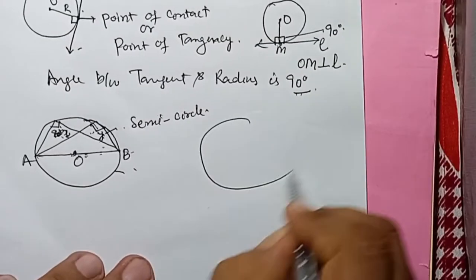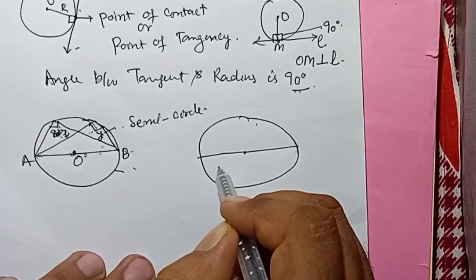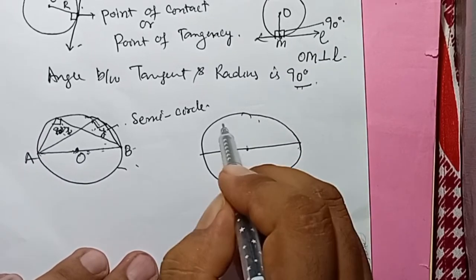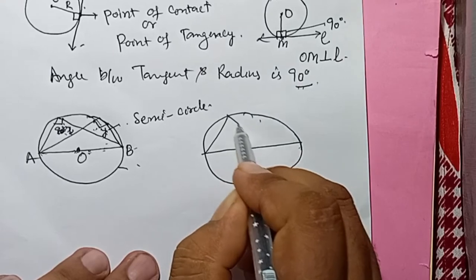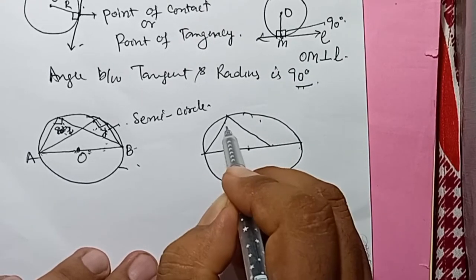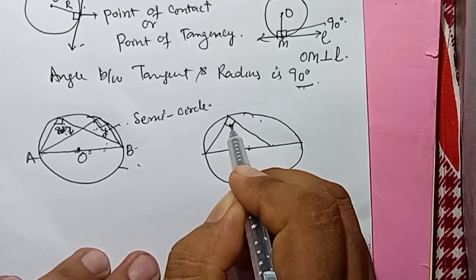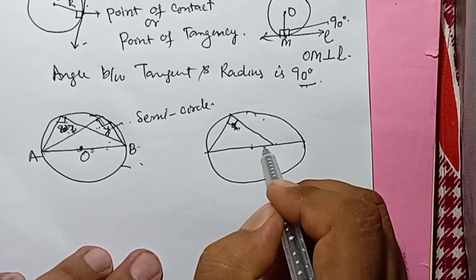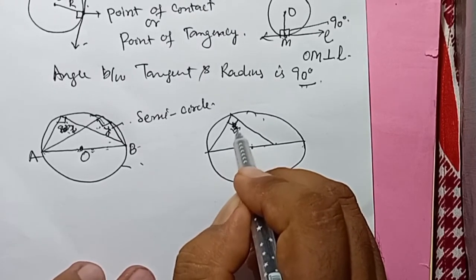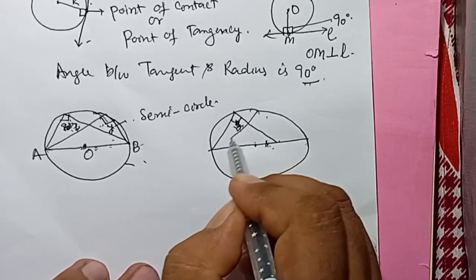If I draw here the circle, let this be the diameter of the circle, and if I draw the angle here, this angle is in the semicircle, but this angle cannot be 90 degrees. Why? Here the opposite side of this angle is only a portion of the diameter. It should be the complete diameter.